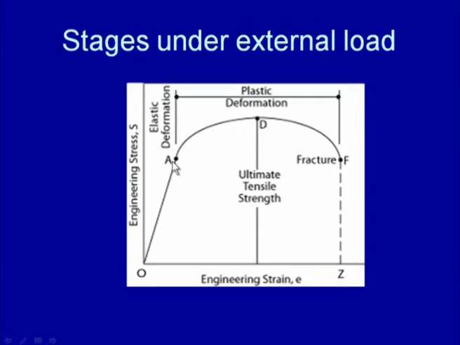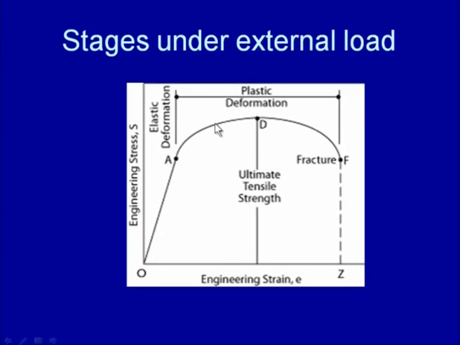To understand this in a better way, we can use this typical engineering stress strain diagram, when external load is applied. The application of the external load within the limits increases the stresses within the elastic limit level, and in this situation the deformation will be very limited, and when the load is removed the system gets back to the original size and shape.